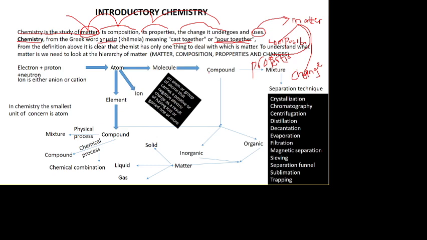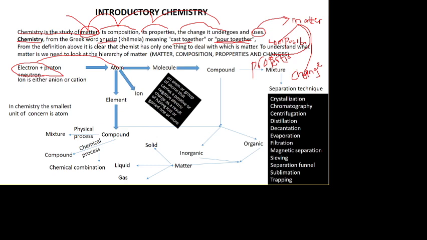If you look at this table, we see here electron plus proton plus neutron come together to form atom. If you have watched our biology introductory class, you will see a similar thing, but they are not exactly the same. Electron plus proton plus neutron come together to form atom.